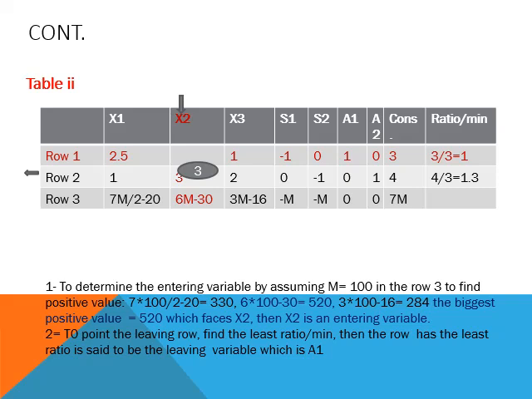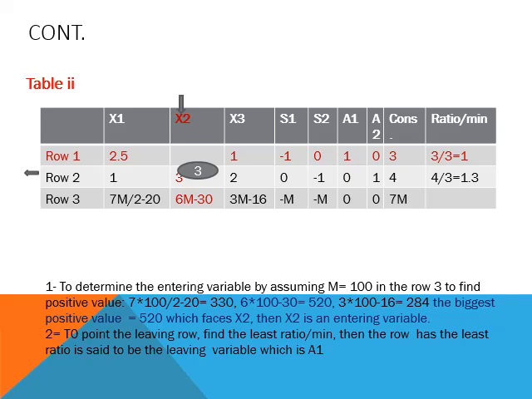To find the positive value, to convert this negative value to positive. So 7 times 100 over 2 negative 20 is 330. So that's correct. Let's move to the second column x2. 6 times 100 negative 30, the remainder is 570.